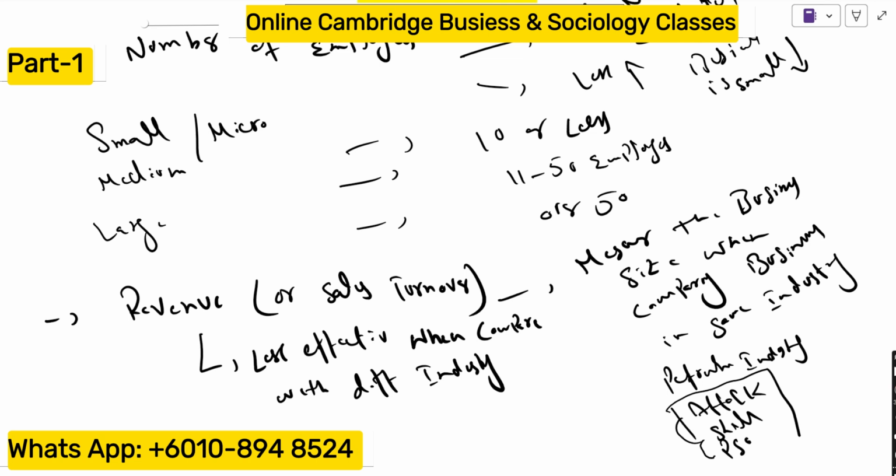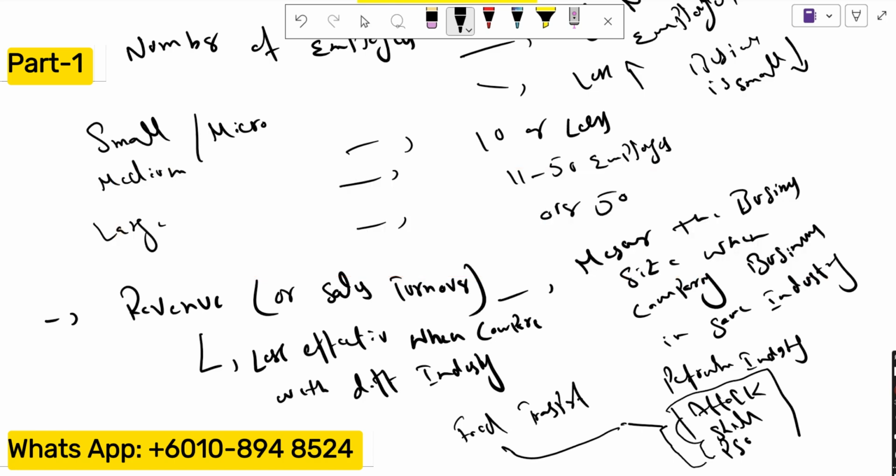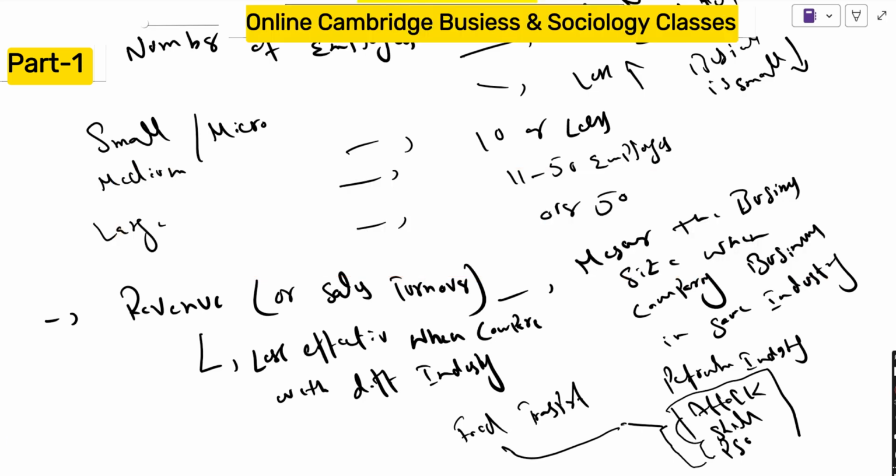For example, PSO is generating much more revenue as compared to Attock. That makes sense because you are comparing within the same industry. But if you compare it with, let's say, the transport or food industry, then revenue as an option to measure the size of the business will be less effective.